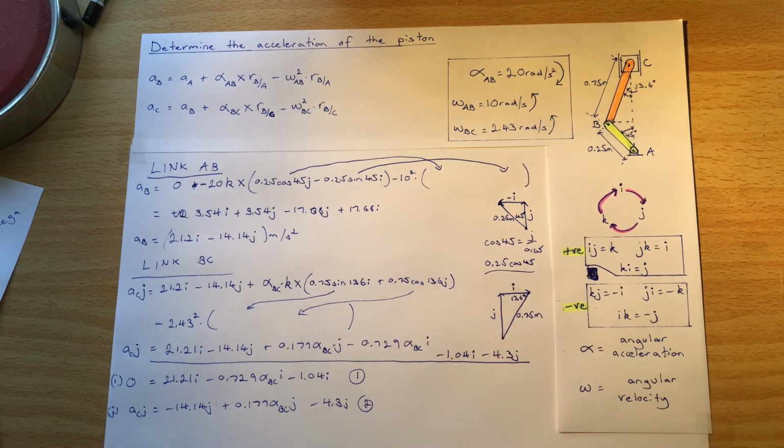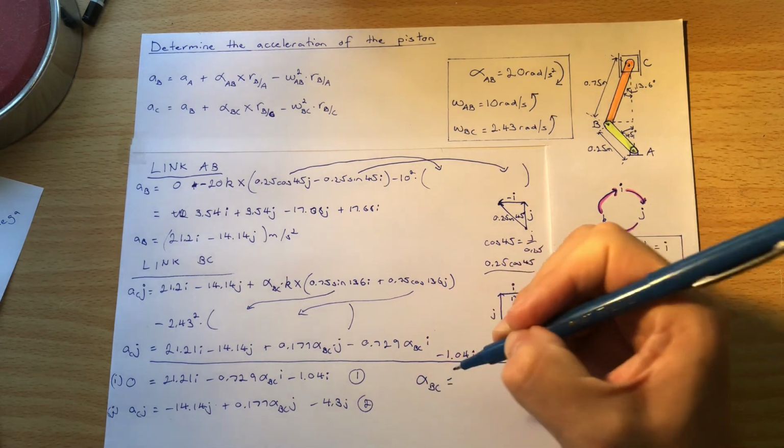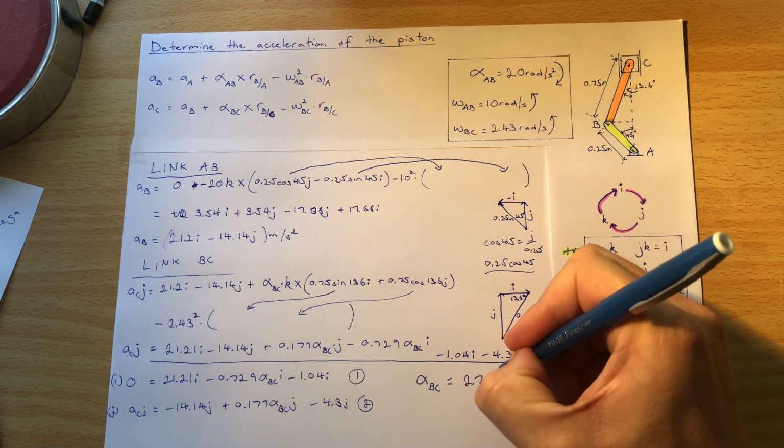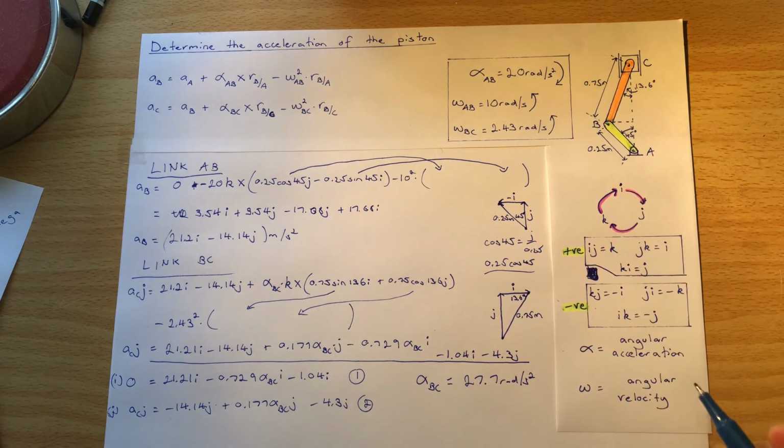And that's equation 2. Now, in equation 2, we have 2 unknowns, so you can't solve it. But in equation 1, as you can see, we have alpha BC on its own, so we can solve for that. Alpha BC therefore comes out at 27.7 radians per second squared.